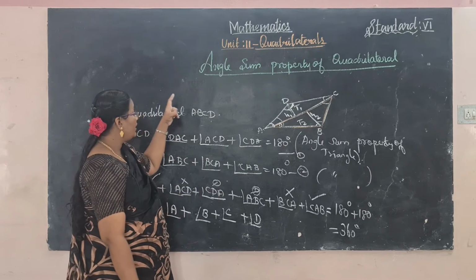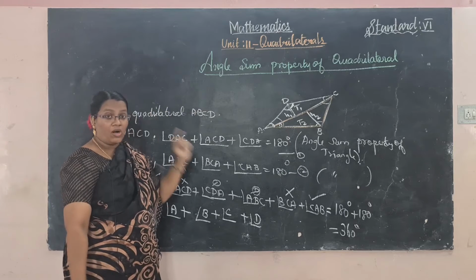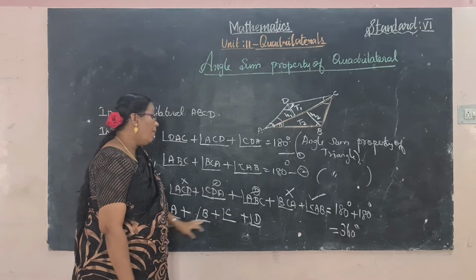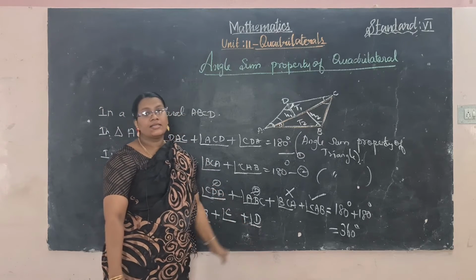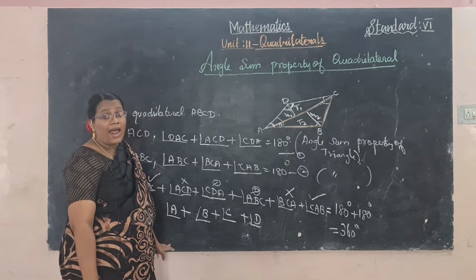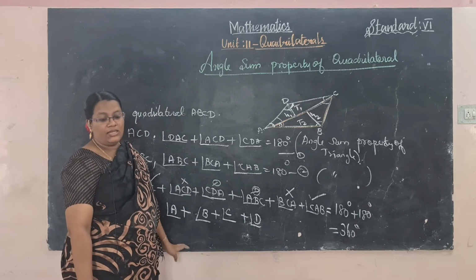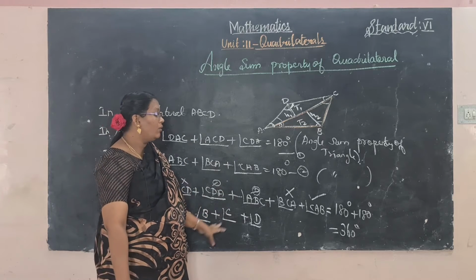So what is the property? Angle sum property of quadrilateral: the sum of 4 angles is 360 degrees. That's all. This is a very important one.